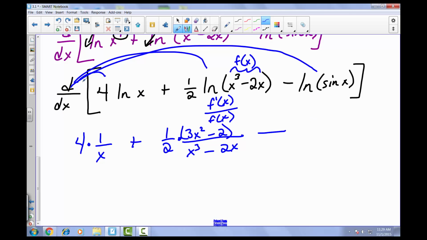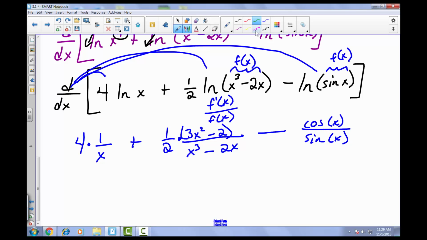Minus, now applying that derivative with respect to x of this natural log of sine of x. Well, again, this is considered to be a function. You're taking the derivative of a function, which is, again, the same thing as saying taking the derivative of the function divided by the original function. So this would be the derivative of sine, comes out to be cosine of x, divided by our original function. Here it was, sine of x.